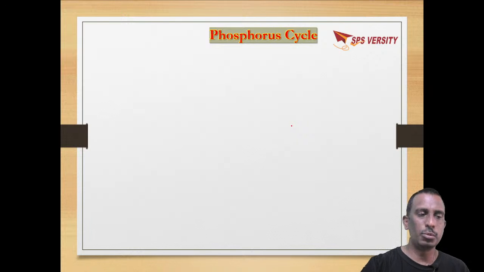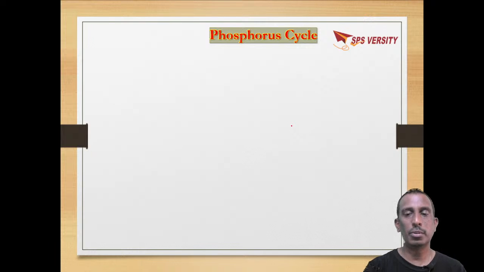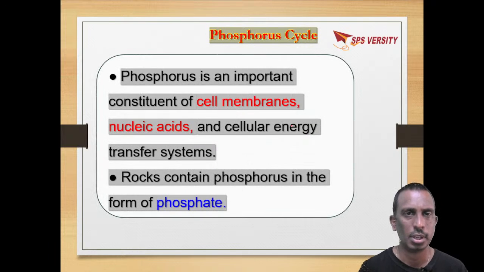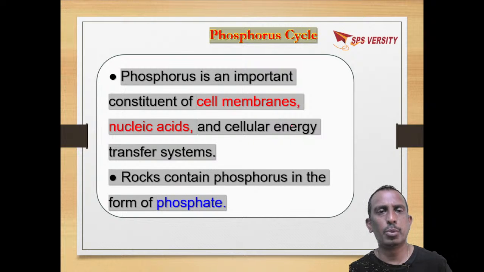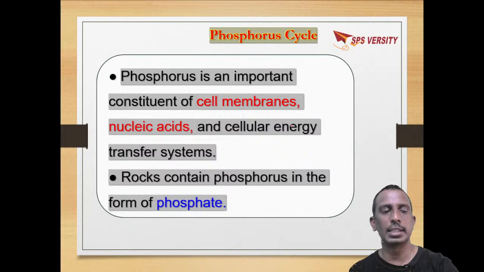And next, we come to the phosphorus cycle. Phosphorus is a very important constituent of the cell membrane and nucleic acids; they are made up of phosphorus.